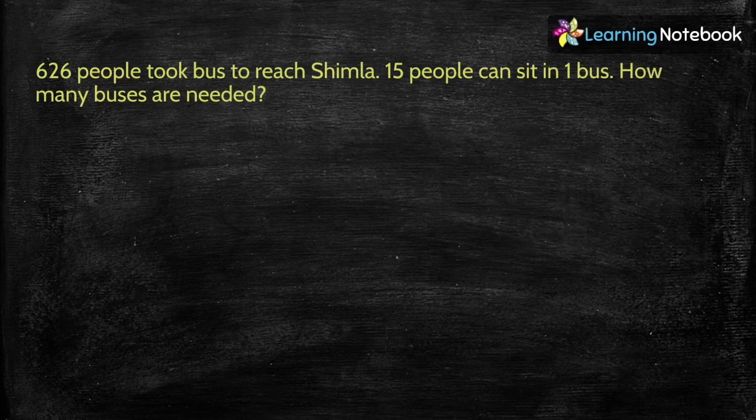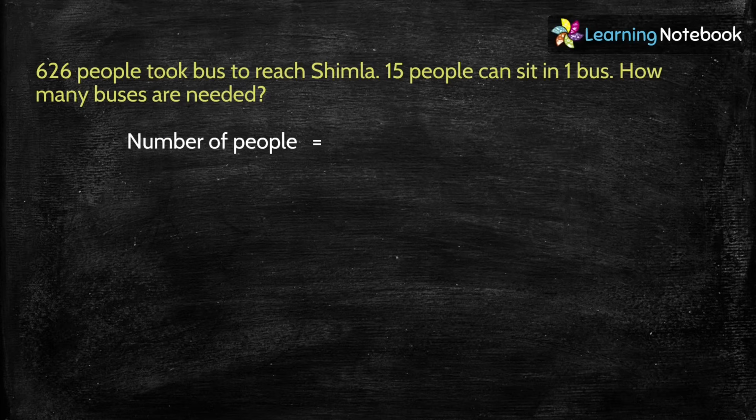Next word problem is: 626 people took a bus to reach Shimla. 15 people can sit in one bus. So how many buses are needed? Students, as I told you, to solve any word problem, first we need to write statements.